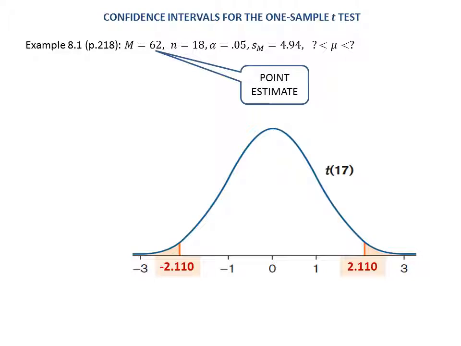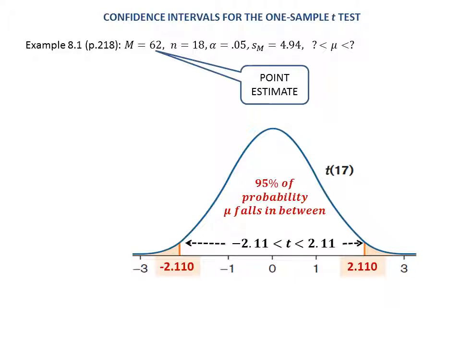We set the critical values at 2.11 and minus 2.11, and we want to find the scores at these two points, because the population mean has a 95% probability of falling between these two values.